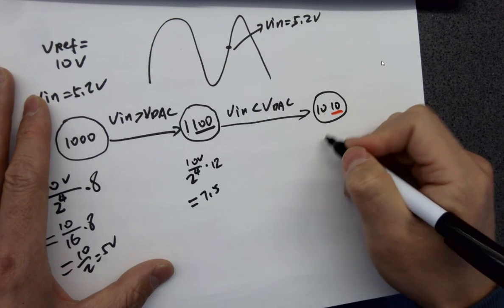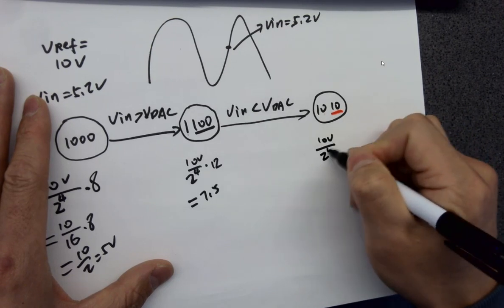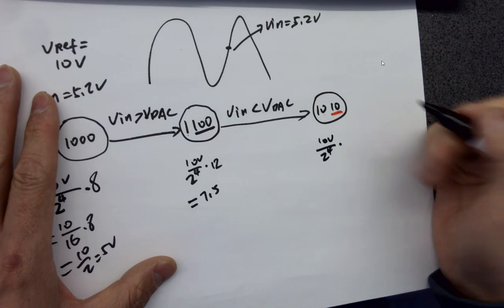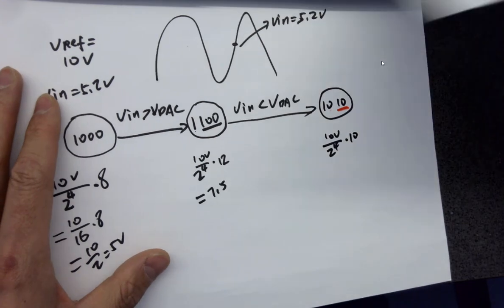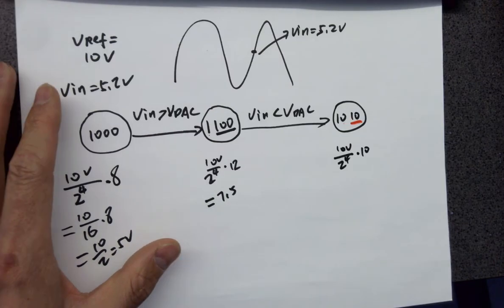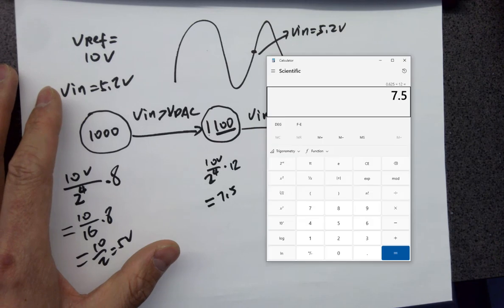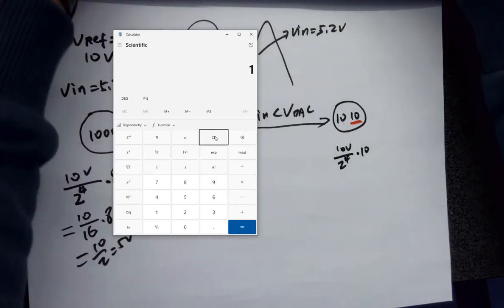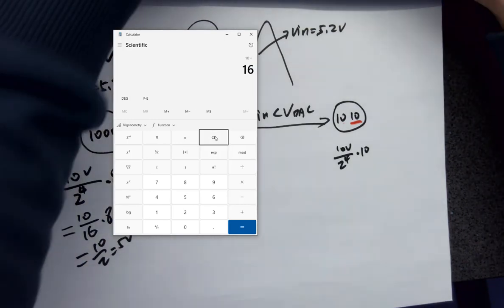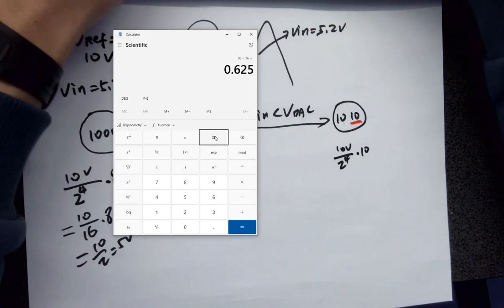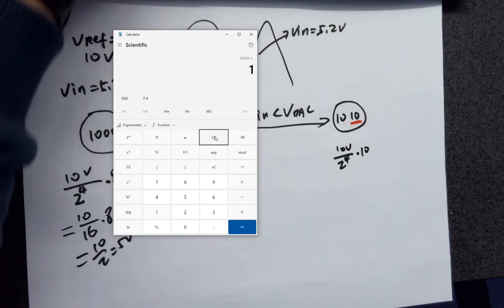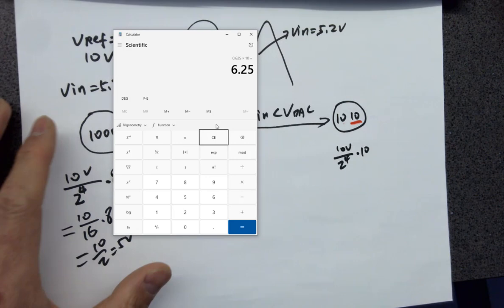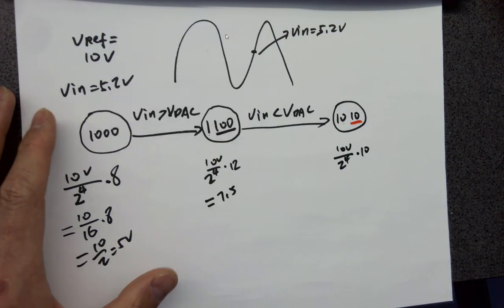So what is this number? 10 volts divided by 2 to the 4th times 10, right? What is it? Divided by 16 times 10. 6.25.